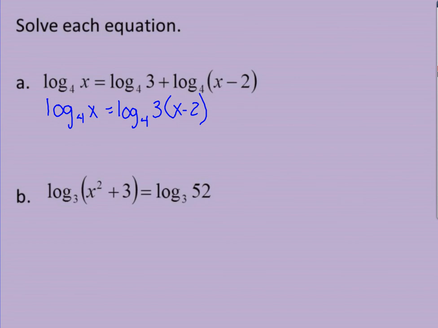Now we're going to take that 3 and distribute it. Now on both sides, we just have a log base 4, so we can cancel those on both sides. And we're going to be left with x is equal to 3x minus 6.